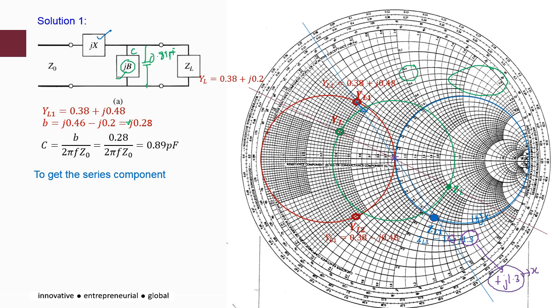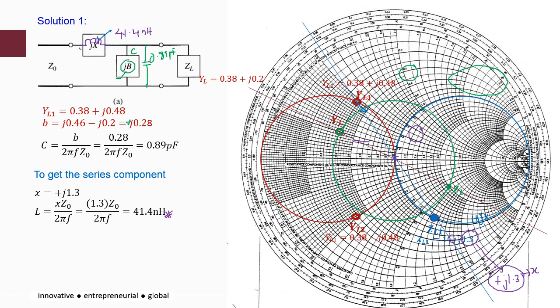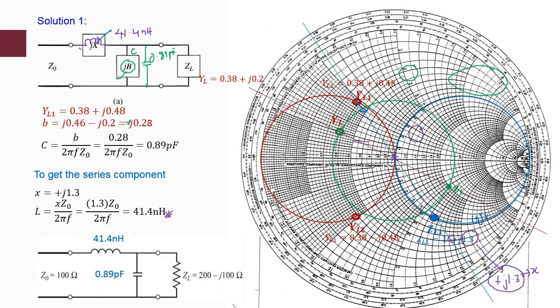Therefore, your X will be plus j1.3. Refer again to the table: if X is positive, you have an L, and with that equation you can calculate the L value. In this case, L will be an inductor with 41.4 nanohenry. That will be your final circuit for solution 1.